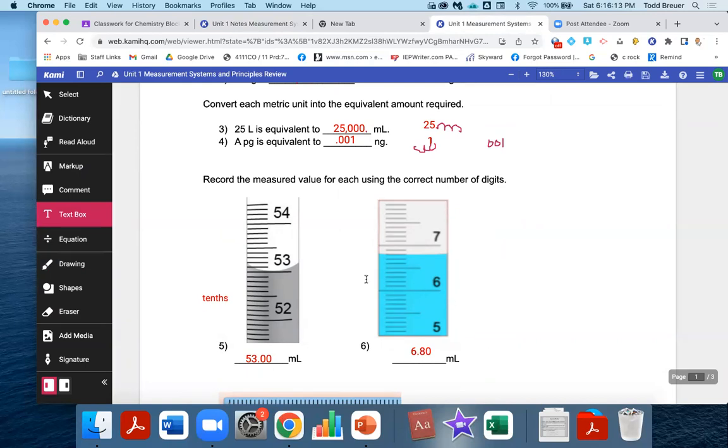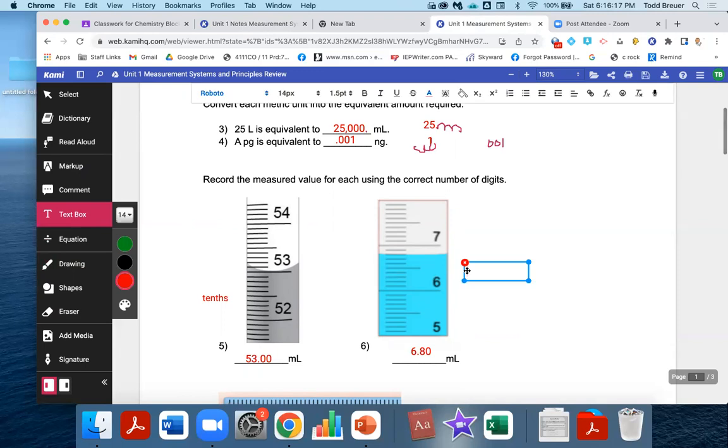If we look at the device to the right of it, we have the same thing going on. We have a sensitivity of tenths again, 6.1, 6.2, 6.3, 6.4, 6.5. Every time we advance one space, we are revealing a tenth. Since it is marked in tenths, we must estimate the hundredths.